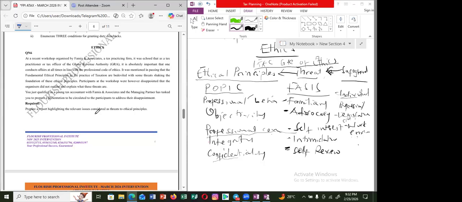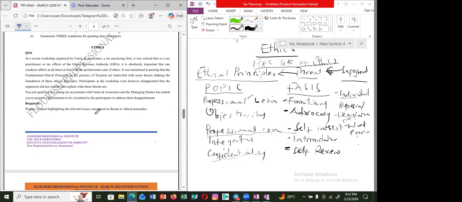Hello. Section 6. A recent workshop organized by Famia and Associates, a tax practicing firm. It was echoed that for a tax practitioner or tax officer of the GRA, it is absolutely important that one conducts affairs at all times in line with the professional code of ethics.